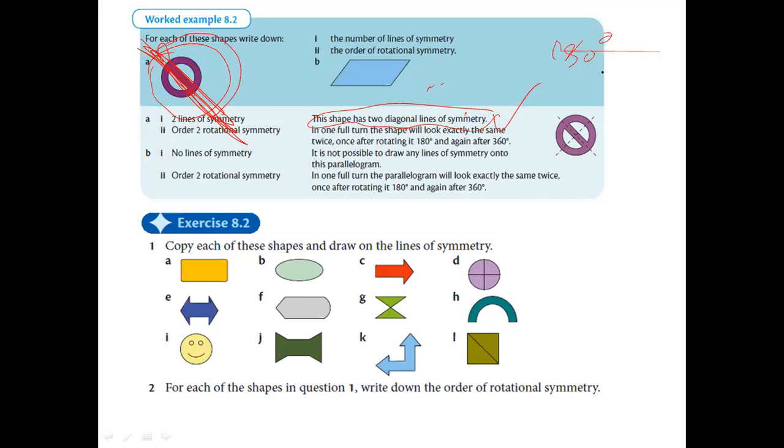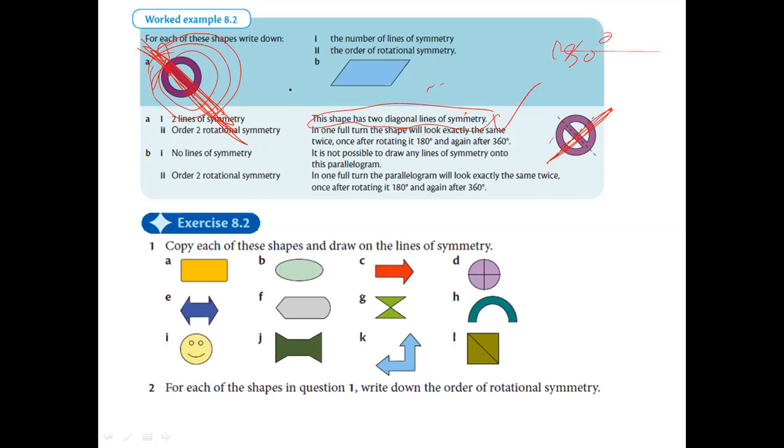The second one is 360. You get the same shape. You get the same shape. That's why two lines of symmetry. This shape has two diagonal lines of symmetry.